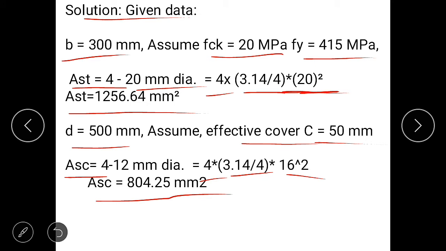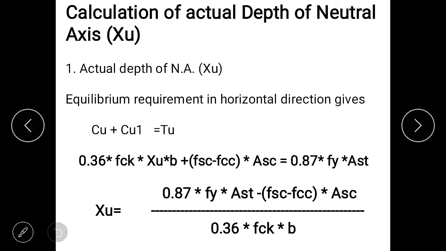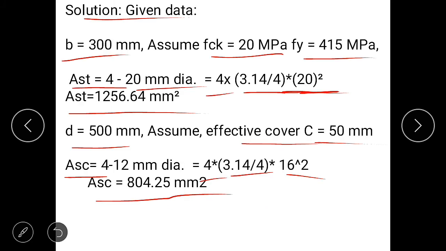So the first step is calculation of the actual depth of neutral axis. Actual depth of neutral axis means XU. So XU is equal to the formula: 0.87 Fy AST minus bracket FSC minus FCC into ASC, divided by 0.36 FCK into B. So put values in this formula. 0.87 into Fy, 415, is given here in the given data.